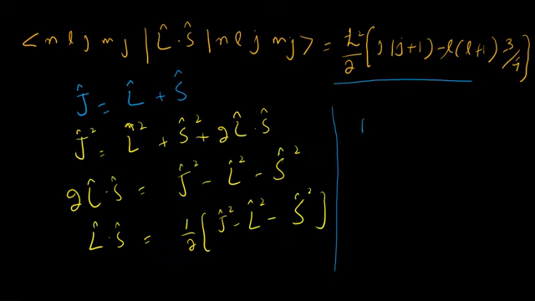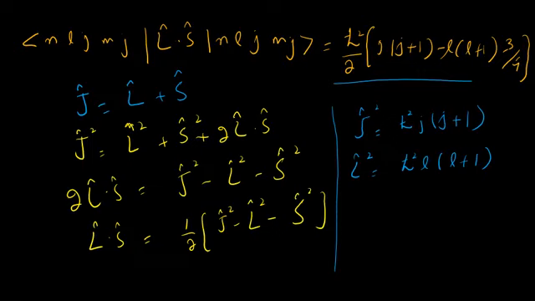The corresponding eigenvalues of J, L and S we can write here. The eigenvalue of J squared is equal to ħ squared j(j plus 1). The eigenvalue of L squared is equal to ħ squared l(l plus 1).